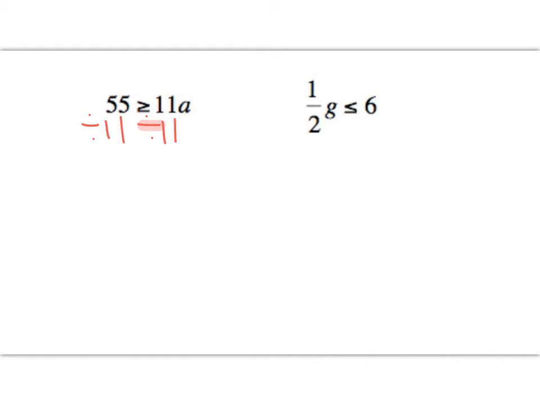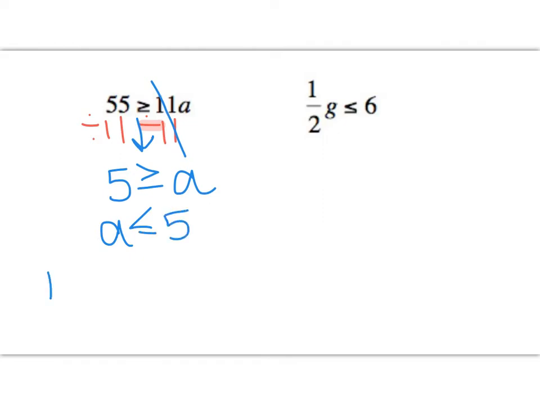Multiplying by 11 and dividing by 11 cancels each other out. I'm bringing down my a. 55 divided by 11 is 5. And then I just need to carry my sign down, greater than or equal to. 5 is greater than or equal to a. And so if 5 is greater than or equal to a, that means a is less than or equal to 5. So a can be anything from 5 to 4 to 3 to -2. It can keep going.